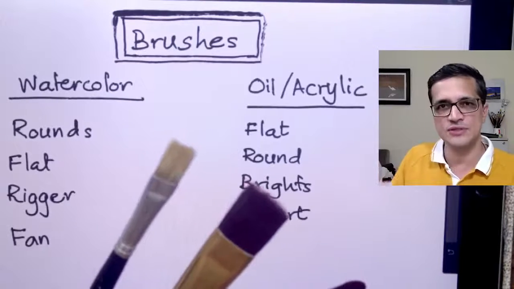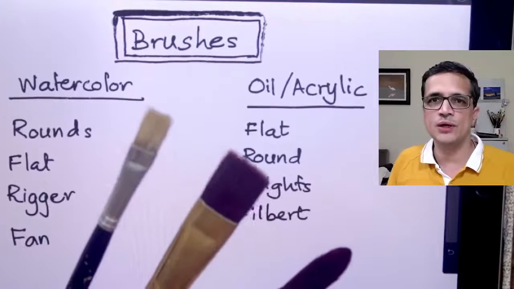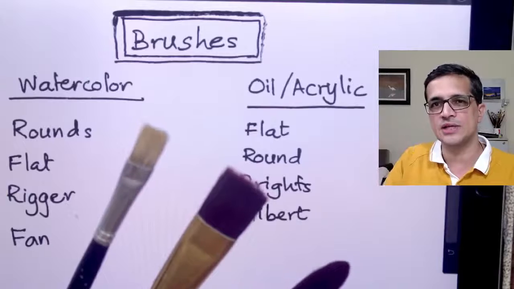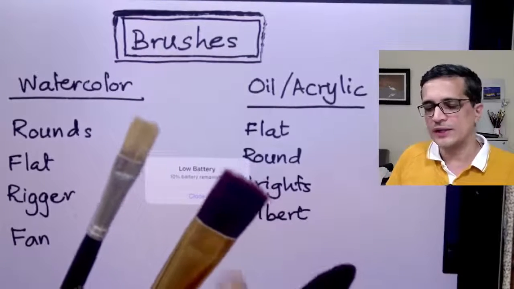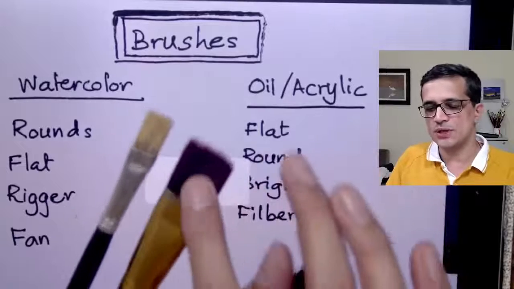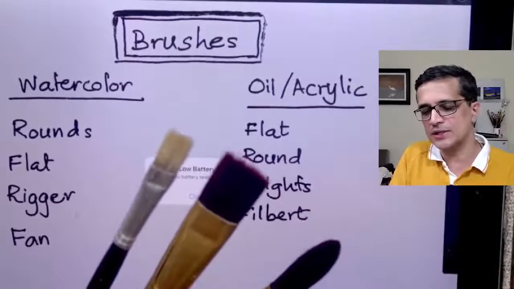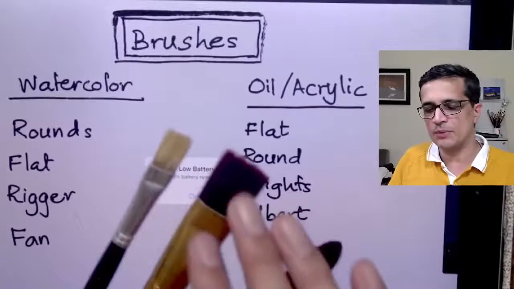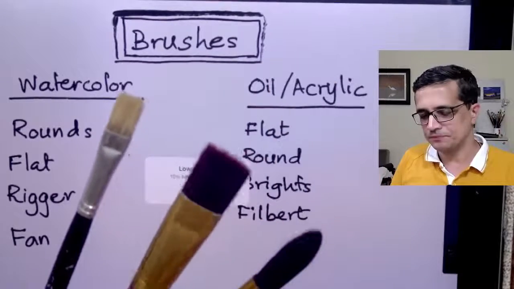And whenever I want to create a smooth area, for example in a sky or the surface of still water, then I use these brushes for painting the surface very smooth and getting rid of all the brush marks. So that's the use of these.